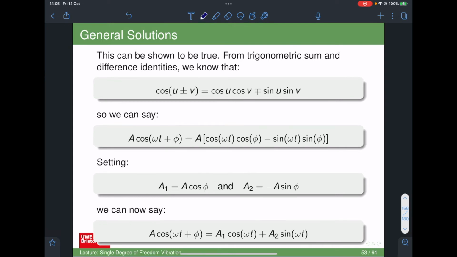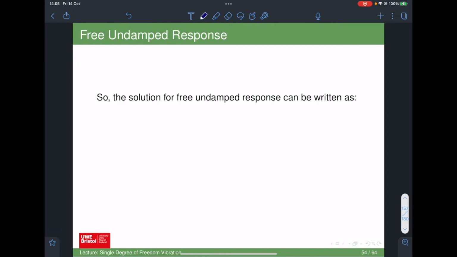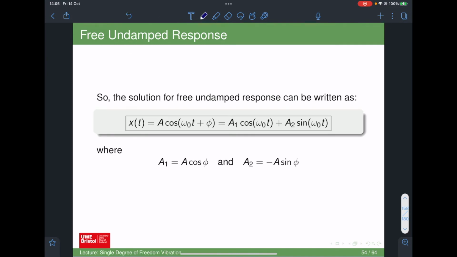So those equations are the same, based upon that relationship. So that's the free response.